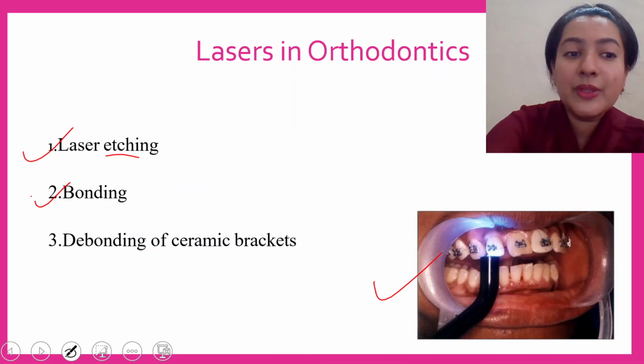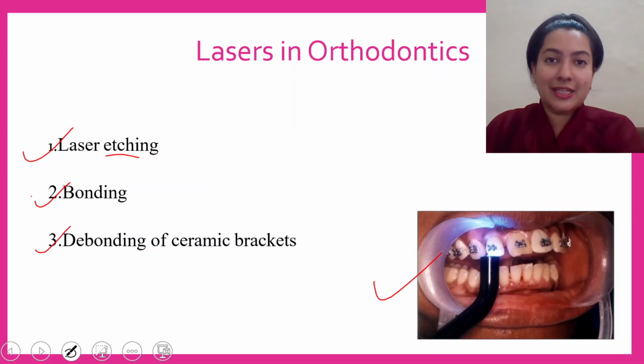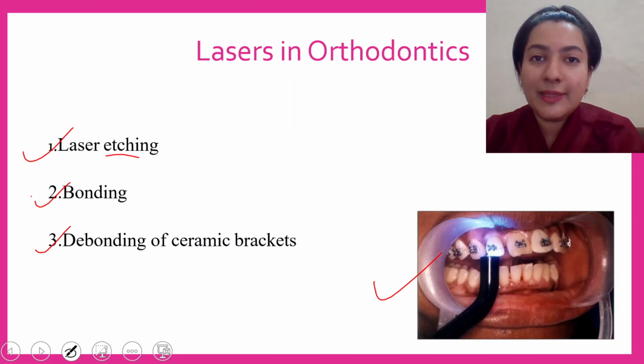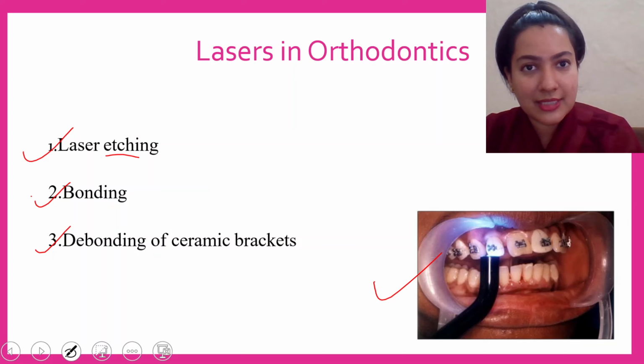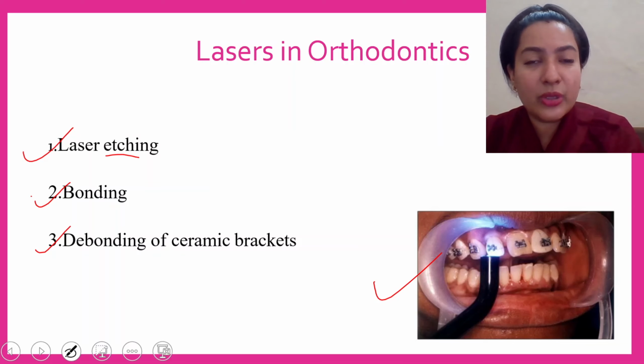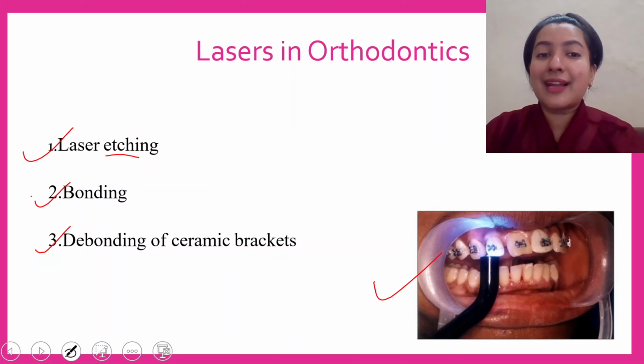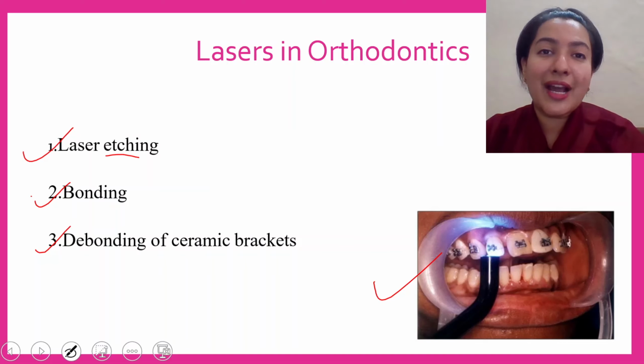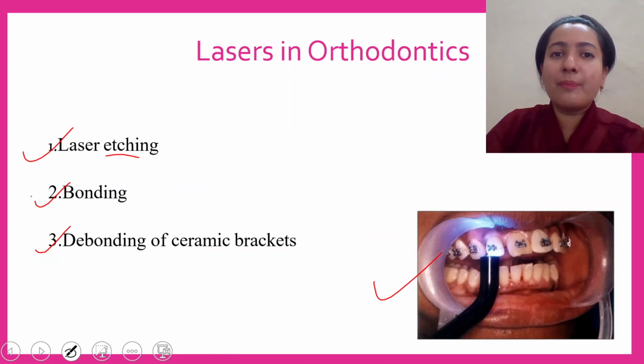Next, it can also be used for debonding of ceramic brackets. See, there is a difference in debonding of metal and ceramic brackets. There are special pliers which are coming for debonding ceramic brackets, but debonding ceramic is not easy. There are very high chances of fracture. The bracket can break very easily. And if the bracket breaks in between, a part of the ceramic bracket would be stuck onto the tissue.